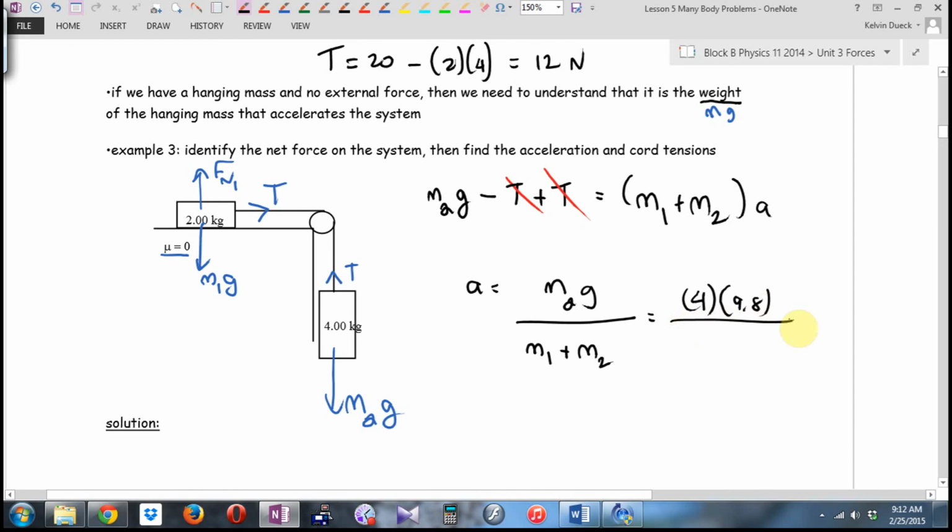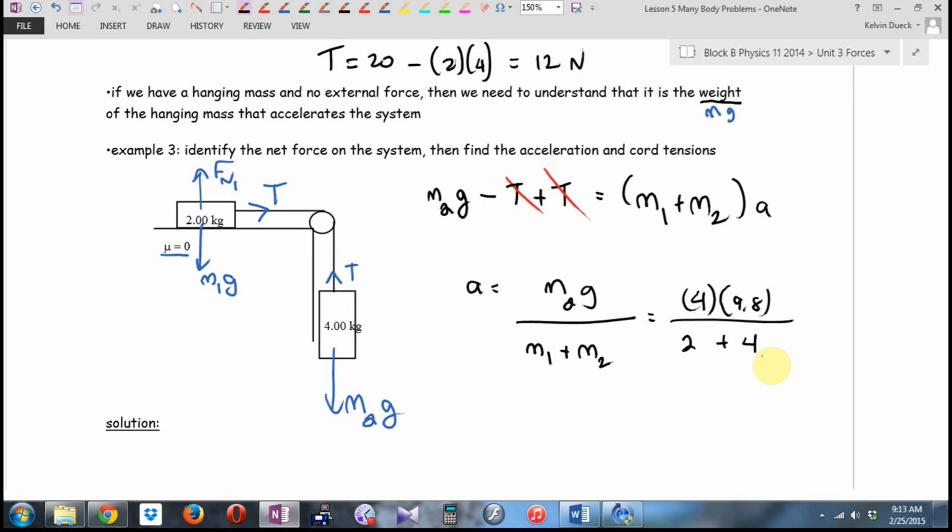What was m1? 2 plus 4. Is there more than one number? Now, you can either do the bottom in your head, because what is 2 plus 4? You could just divide by 6. Or if you don't, is there more than one number in the bottom? You better put the bottom in brackets.